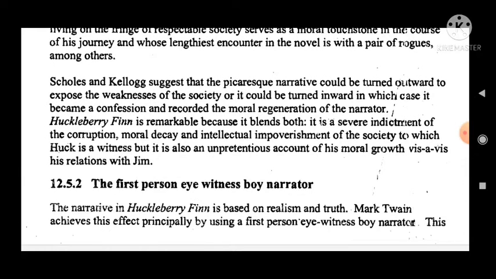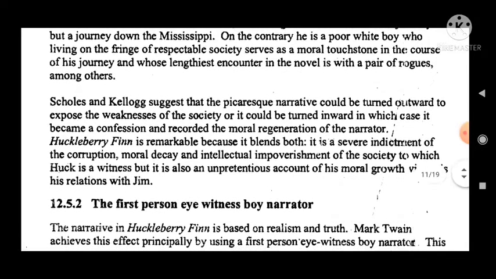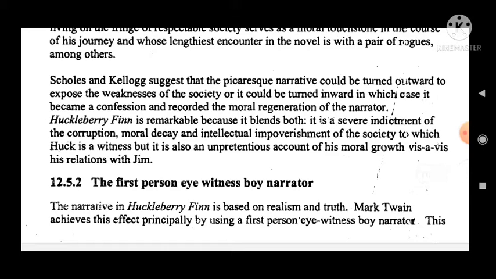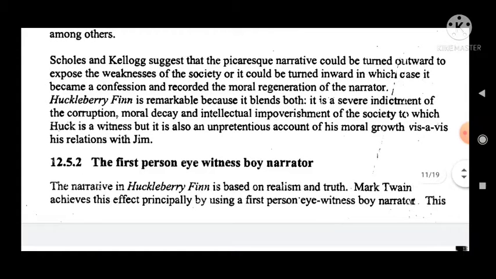Scholes and Kellogg suggest that the picaresque narrative could be turned outward to expose the weakness of the society, or it could be turned inward, in which case it became a confession and record. The moral regeneration of the narrator Huckleberry Finn is remarkable because it blends both.